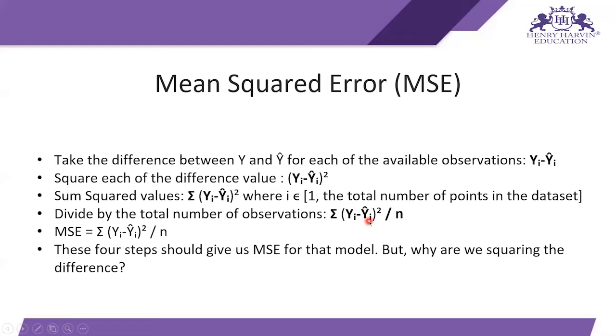MSE equals the summation of (yi minus y hat i) whole squared, divided by n.